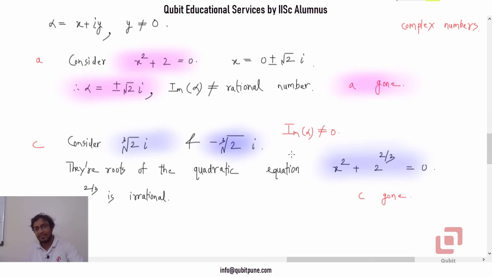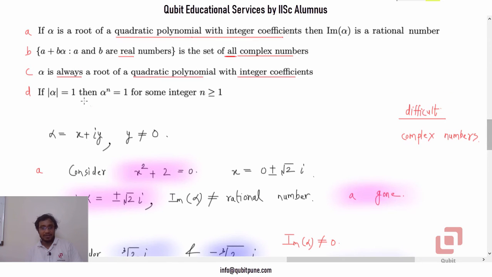In fact, the real part is 0, the imaginary parts are basically plus or minus cube root of 2. What does it mean? It means alpha is not always a root of a quadratic polynomial with integer coefficients. It can also be a root of a quadratic polynomial with non-integer coefficients.